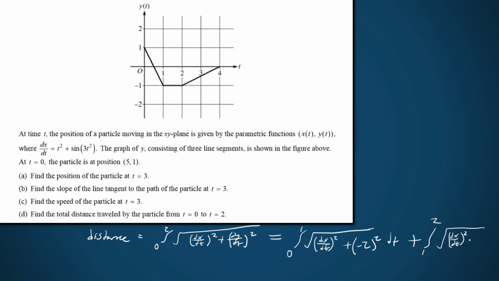and 0 squared. Okay. So we can throw all that in.